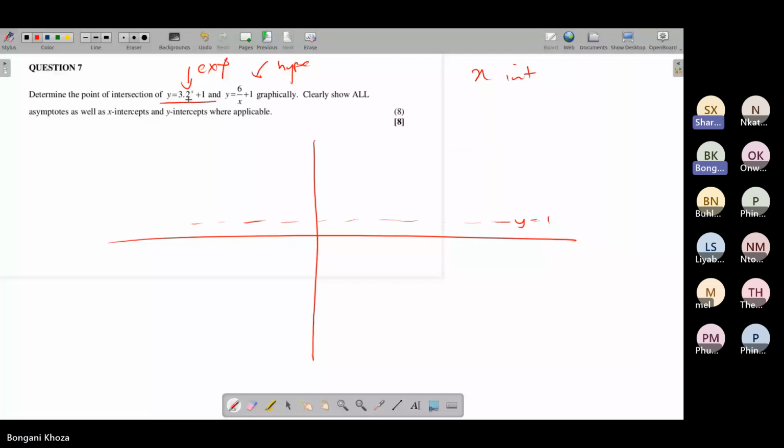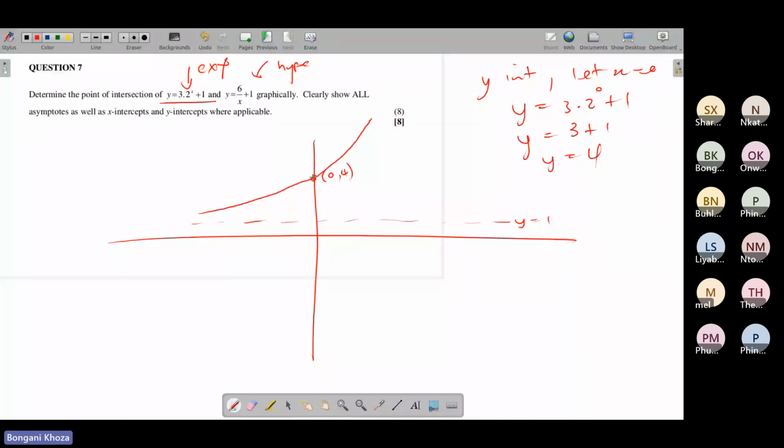For the y-intercept, you let x be equal to 0. So y equals 3 times 2 to the power 0, plus 1. So y equals 3 plus 1, y equals 4. So your y-intercept is somewhere here, at 0 and 4, like that.